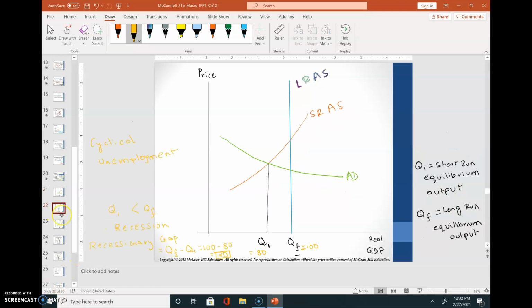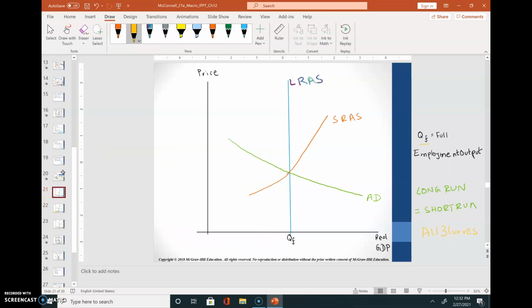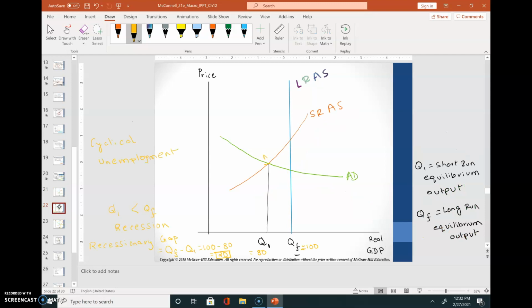Okay. Now let's see another situation here. Let's go to the next slide. Looks like here the aggregate demand curve and the short run aggregate supply curve are intersecting. I'm just going to put a name here too. So here the short run equilibrium is to the left of the long run equilibrium output level.